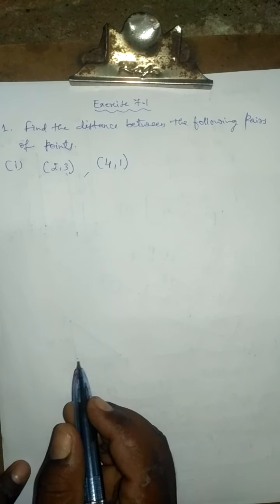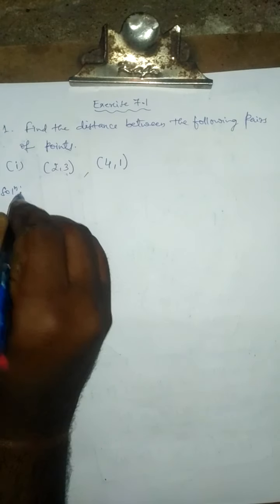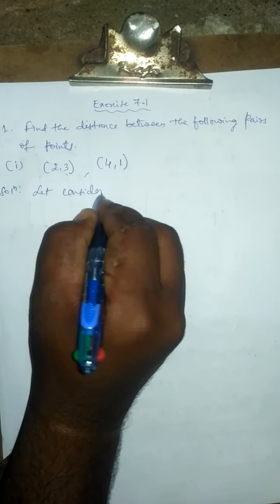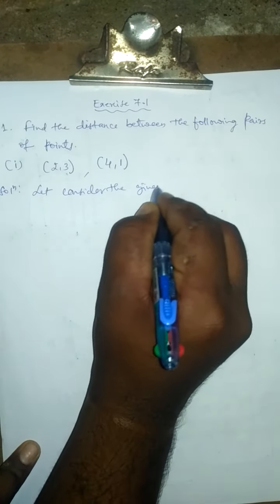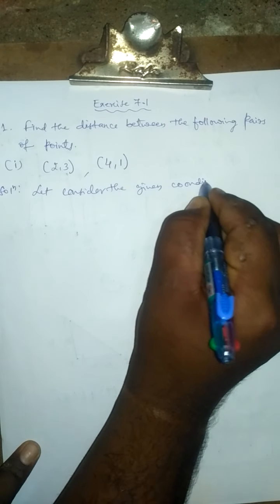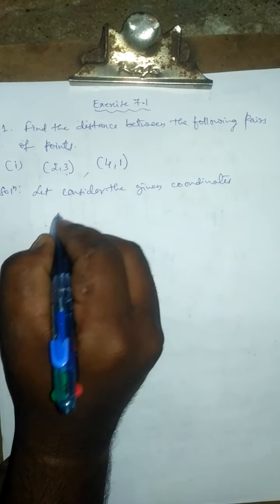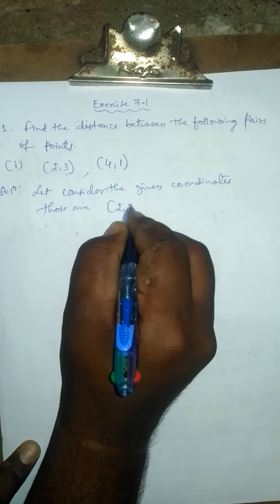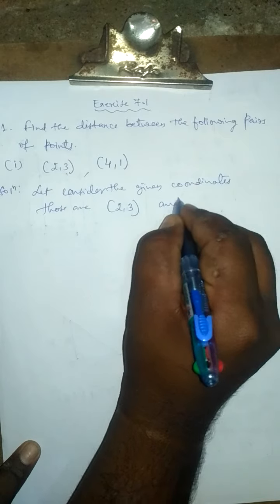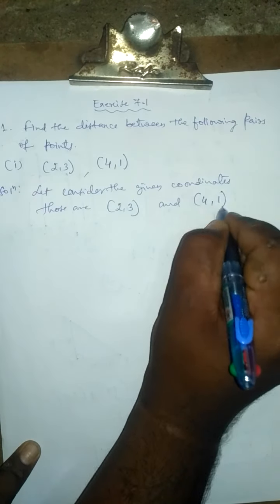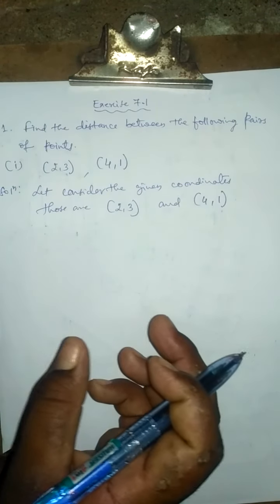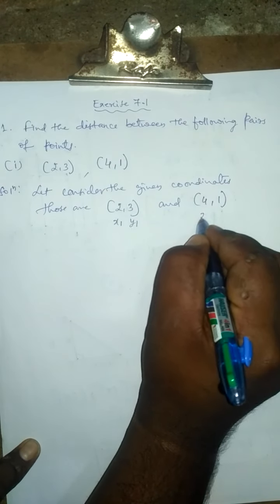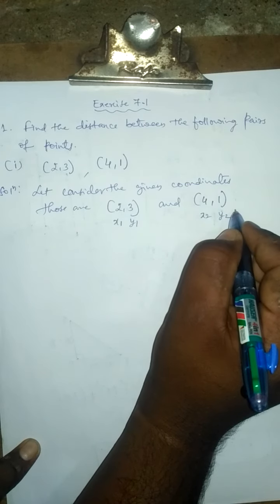So how to solve for this problem? Let us see the solution for this. Let's consider the given coordinates. Those are 2, 3 and 4, 1. So for these 2 coordinates, we have to name as x1 y1 and x2 y2. Right?